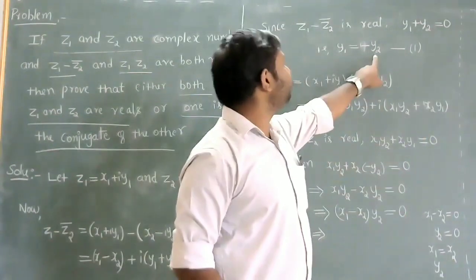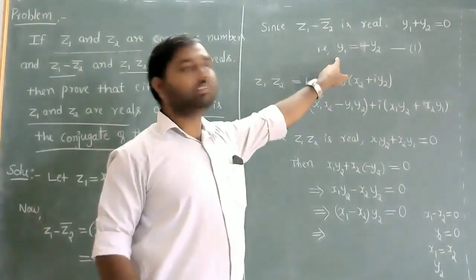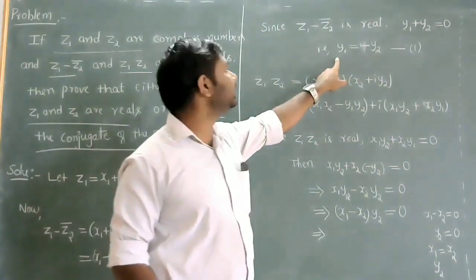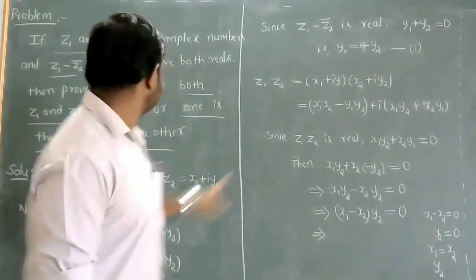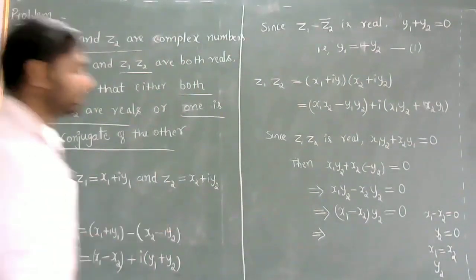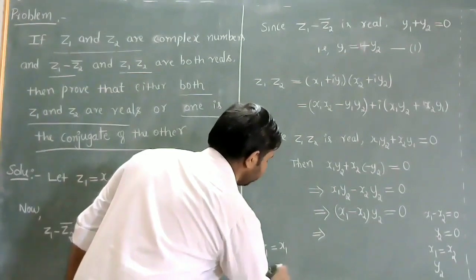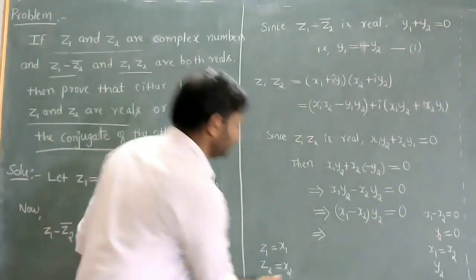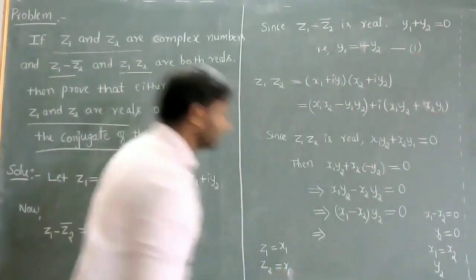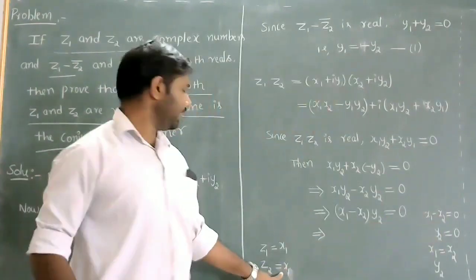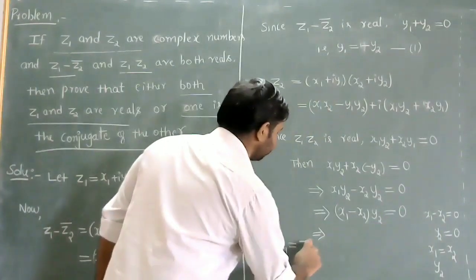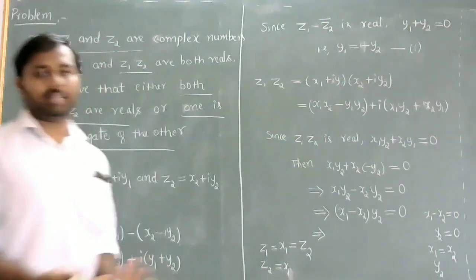If I substitute y2 equal to 0, y1 will also be 0. So in that case, Z1 will be just x1 and Z2 will be just x2, which is again x1. So Z1 and Z2 will be one and the same.